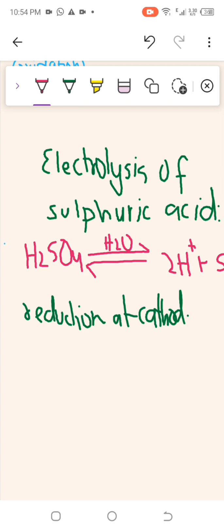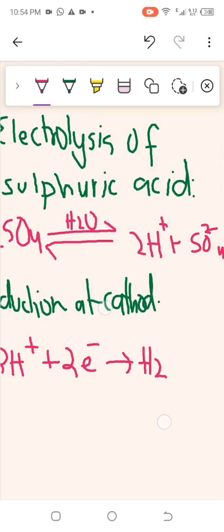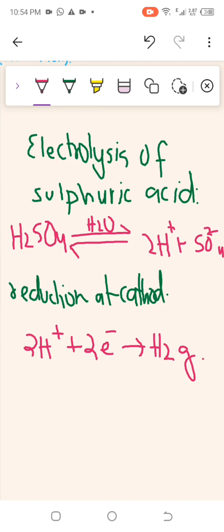We know that 2H positive plus 2 electrons give H2, right? Because we know H positive has a higher place in the electrochemical series than OH. So that's why we'll take H positive in the reduction.